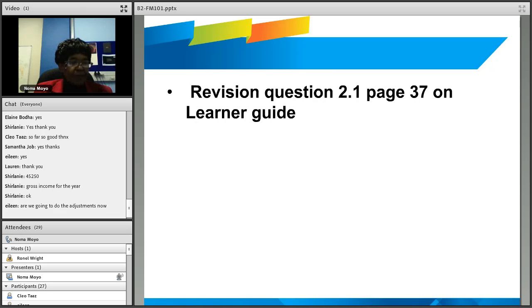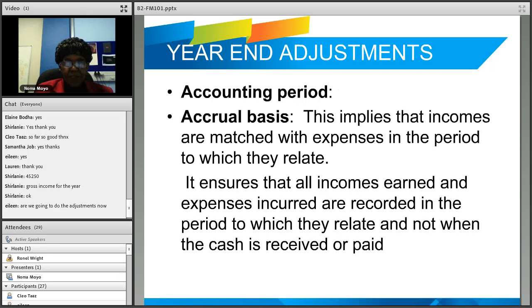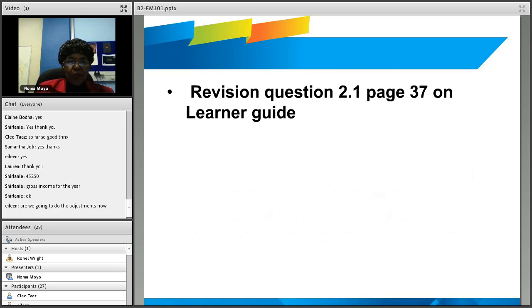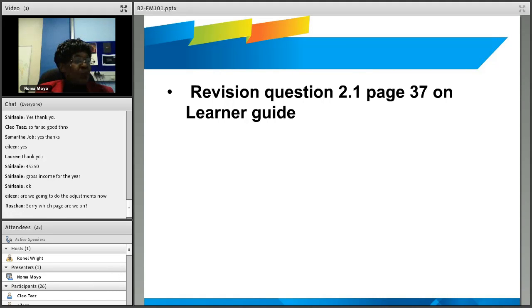It reads, the owner deposited 8,000 rand of money into a bank account in the business name. I said you debit the receiver, credit the giver. Are we all on page 37? So what does it mean? We're going to debit the bank and credit equity. That's your number one. Debit the receiver, credit the giver.